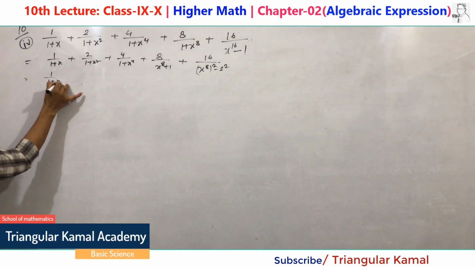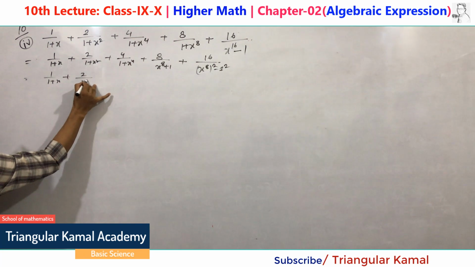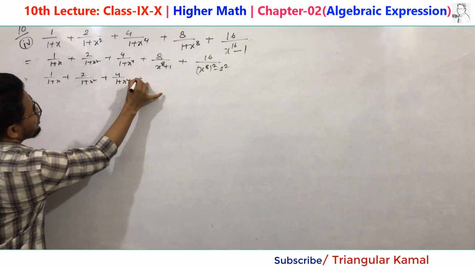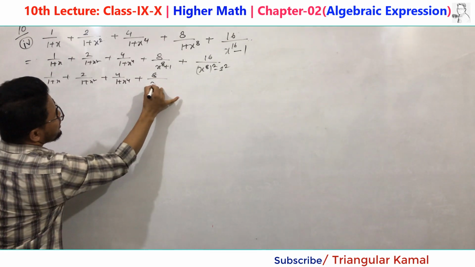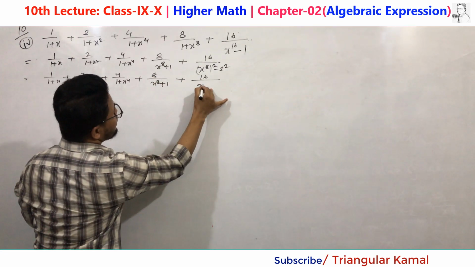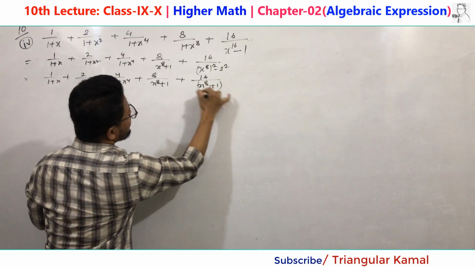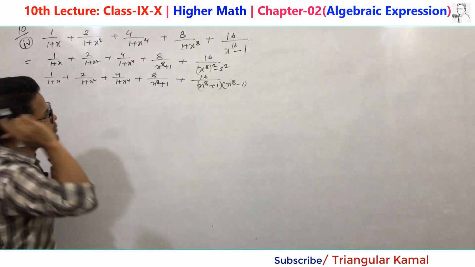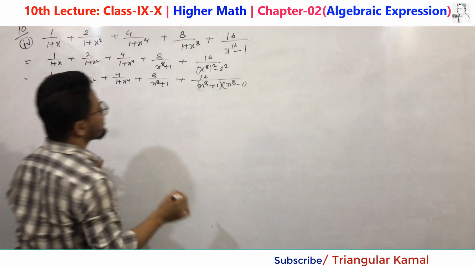So now just apply the a square minus b square formula. 1 by 1 plus x plus 2 by 1 plus x square plus 4 by 1 plus x to the power 4 plus 8 by x to the power 8 plus 1 plus 16 by x to the power 8 plus 1 into x to the power 8 minus 1, just using the formula a plus b and a minus b.